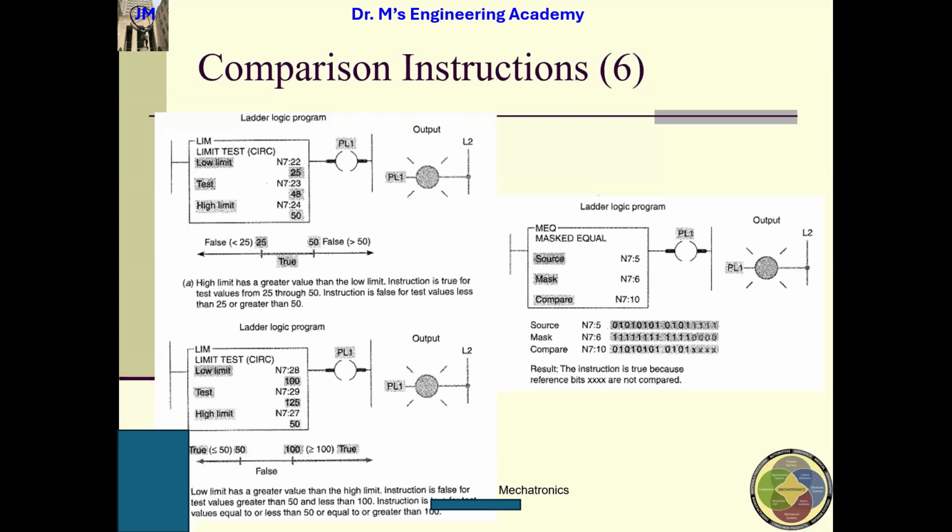For this special case, I don't care about these 4 lower bits because they are 0. No matter what bits are here, as long as these 12 bits and these 12 bits are equal bit by bit, then I can say this is true.